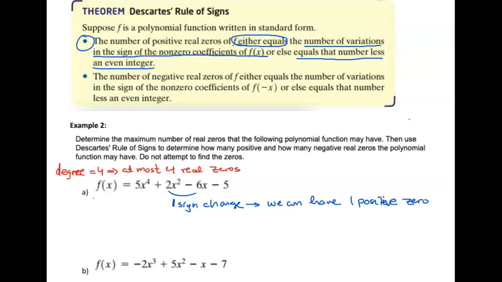That means we can have one positive zero. Now, because it's 1, if I subtract an even integer from it, that's going to give me a negative number. So I don't have any other possibilities. So it's either how many sign changes, in this case 1, or that number less an even integer. So I would have to subtract 2 or 4 or 6, but we can't go there because I can't have a negative number of zeros.